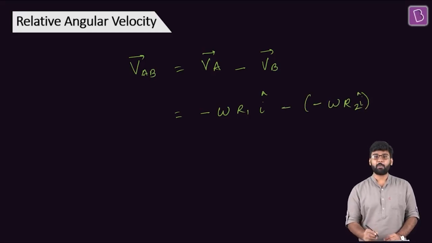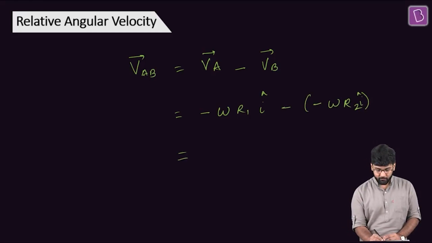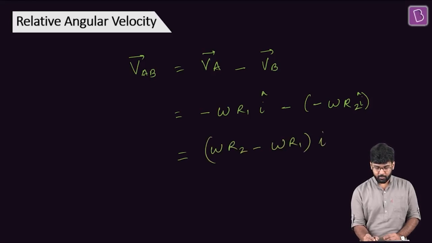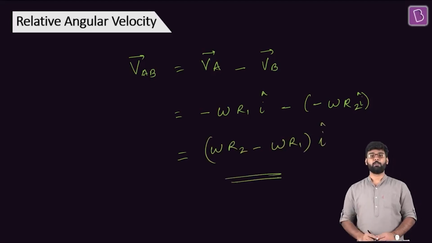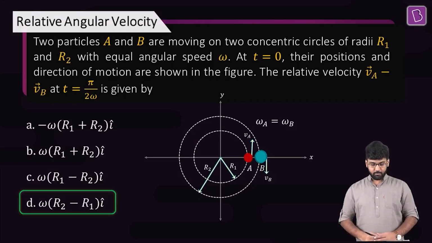So this minus and minus will become plus, and we get omega R2 minus omega R1 in I cap direction. So this is the relative velocity of A with respect to B. Let's check the options. Here we are getting option D as the correct answer for this question.